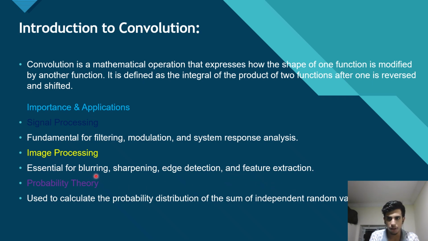That means blurring of the image and edge detection. In probability theory, it is used to calculate the probability distribution of the sum of independent random variables.